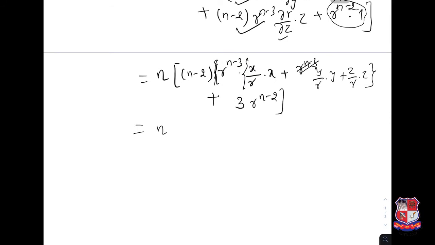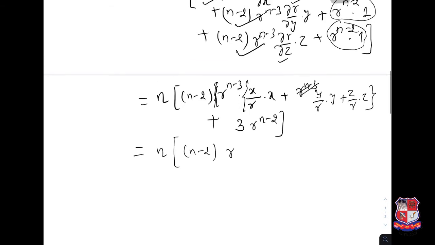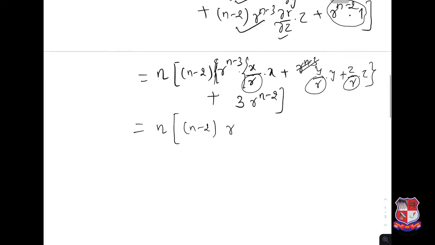So that is equal to n minus 2. Even this r, now we can take r also, so consider r, so r power n minus 3 over r, that is nothing but r power n minus 4, and inside we are having x into x, so that is x square plus y square plus z square, and plus 3 times r power n minus 2.